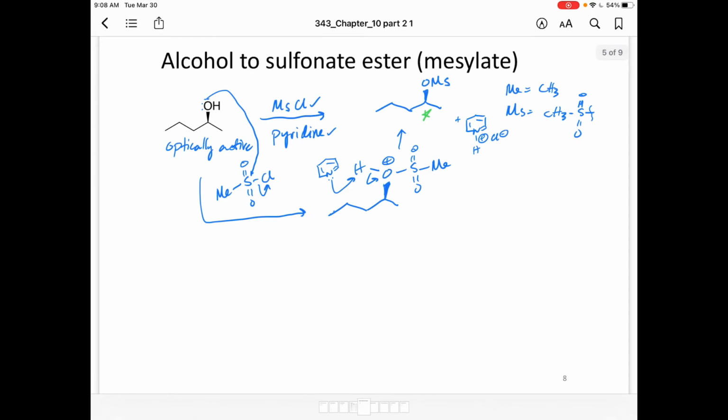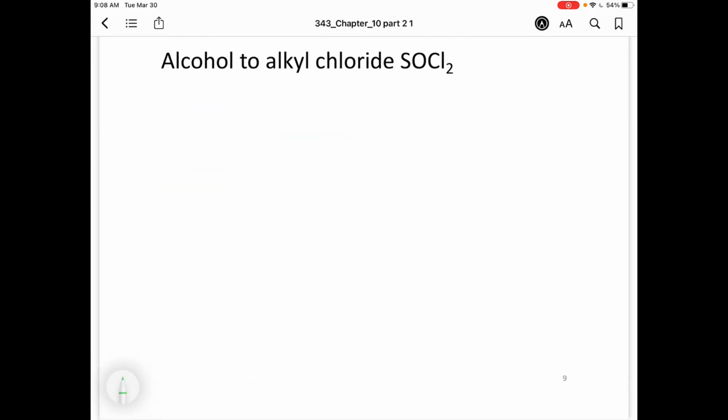Let's learn another way to make a leaving group, and this one is using SOCl2. You're going from an alcohol to an alkyl chloride.